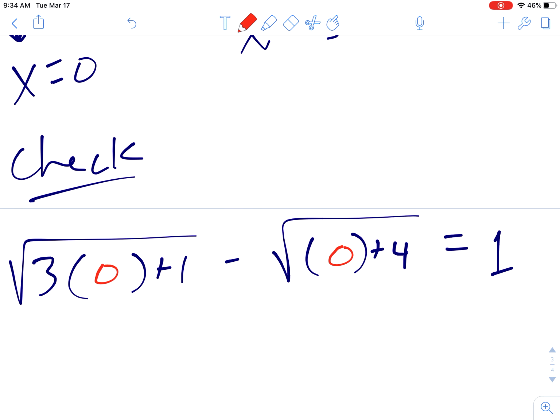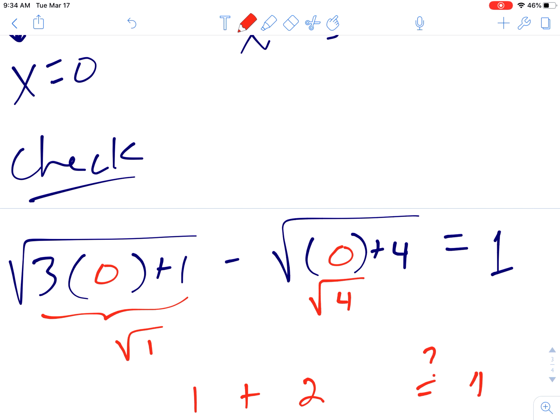Well, that's just 0 there, so this is going to be the square root of 1, and this is going to be the square root of 4. Well, that's 1 plus 2. Does 1 plus 2 equal 1? No. So that answer was no good. So the 0 didn't work.